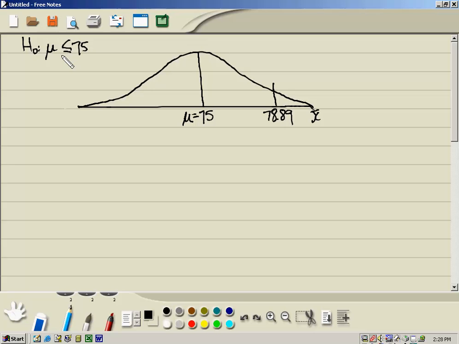If the true average is at most $75, we'll find sample values encroach all the way up to about 78.89. But beyond that, it's unlikely that we'll have sample averages and have the true average be $75 or less. So that's how we do our decision rule.